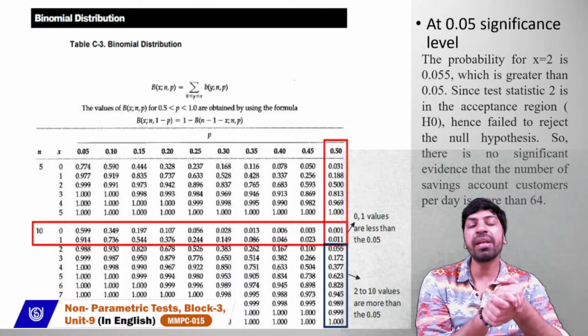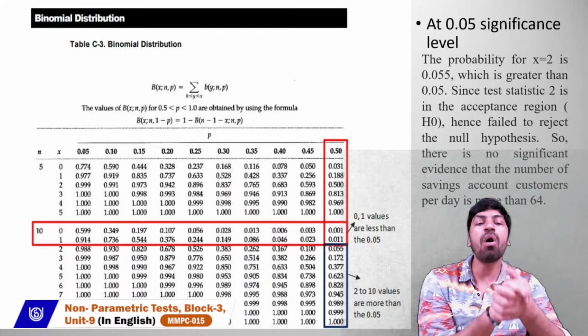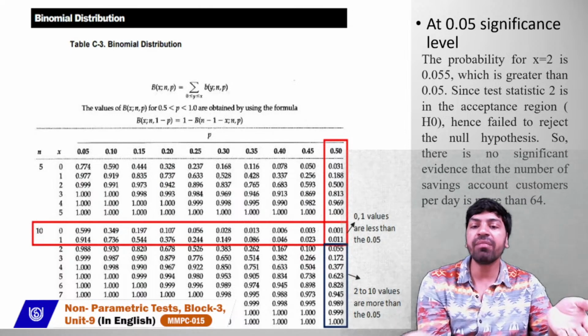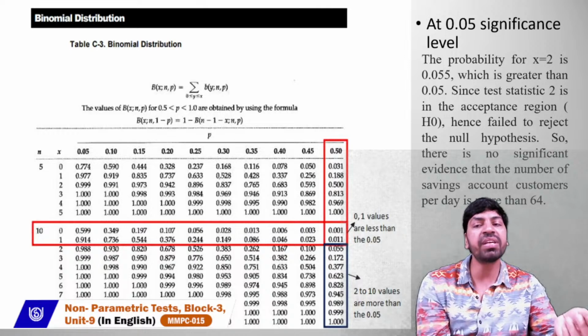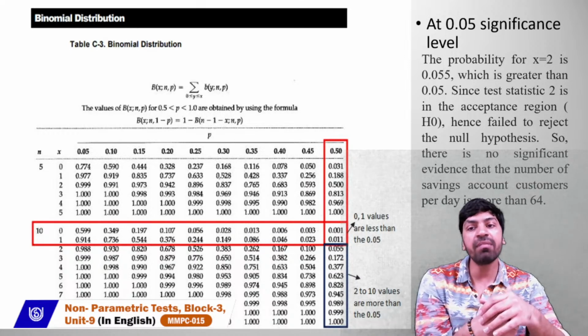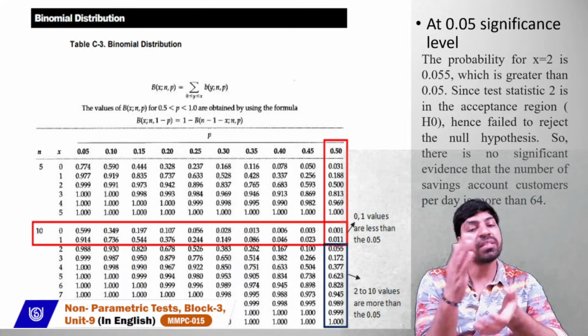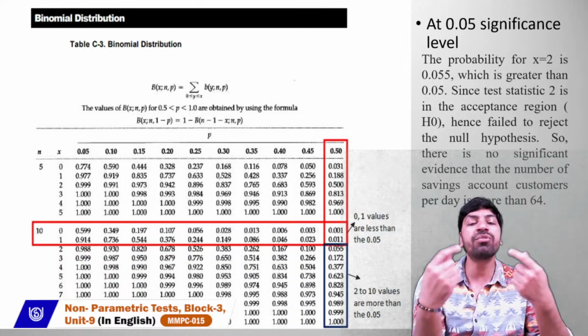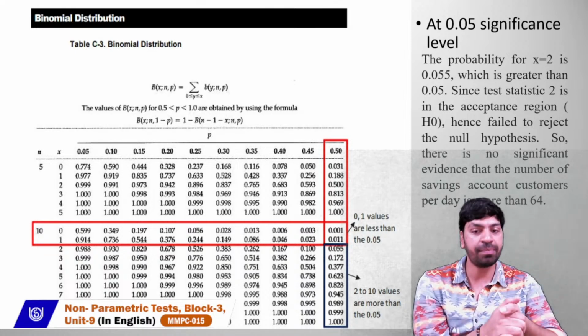If you look up the binomial table at 0.50, the value of 2 is 0.055. When it is more than the significance level mentioned in the question, that is 0.05, we accept the null hypothesis, or in other words, we fail to reject the null hypothesis.